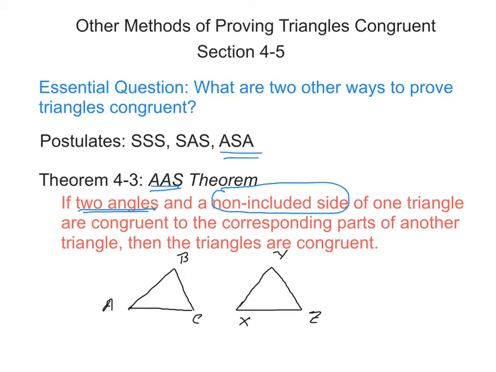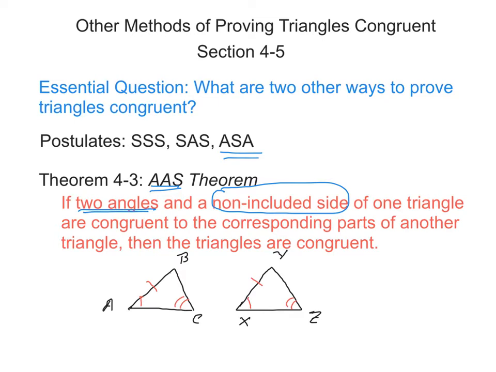So how would we go about proving this? Let's assume we've got two triangles, and we'll say that angle A is congruent to angle X, and angle C is congruent to angle Z. And then in terms of sides, you've got AB is congruent to XY. Well, if A and X are equal, and if C and Z are equal, then we can prove that angles B and Y have to be equal.